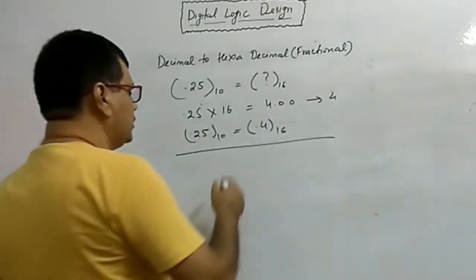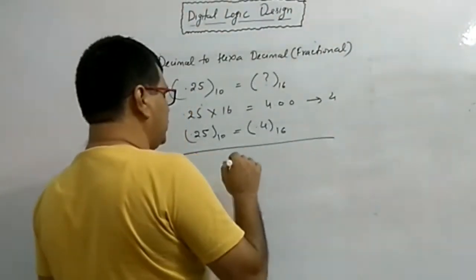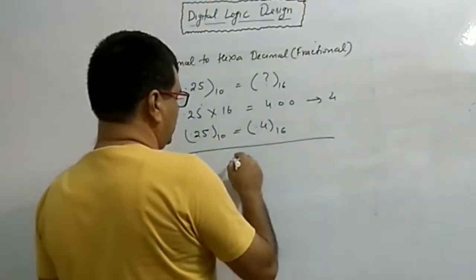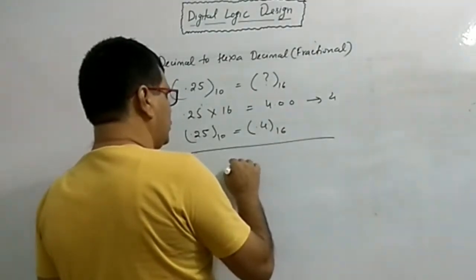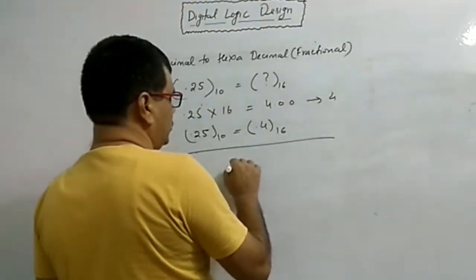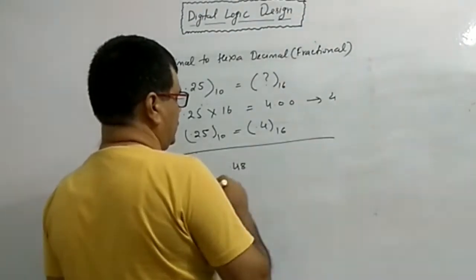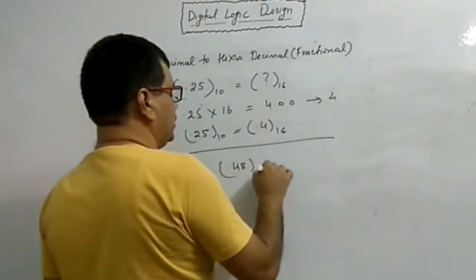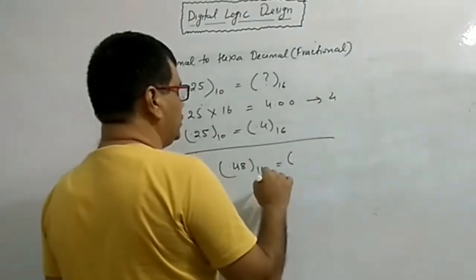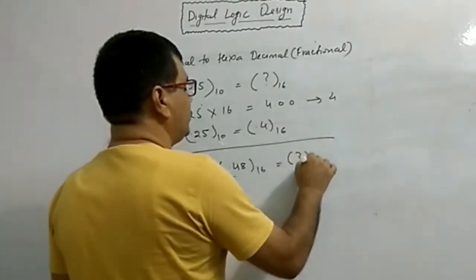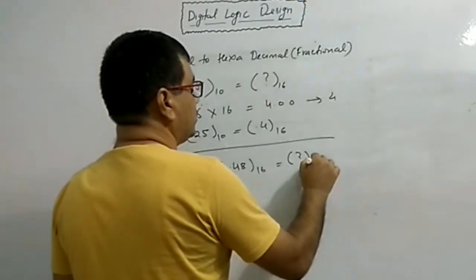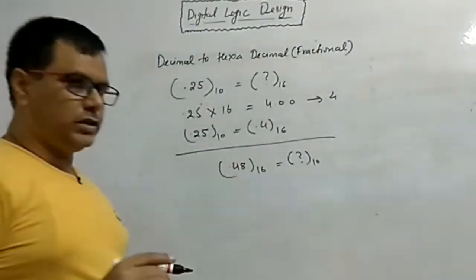For example, if any hexadecimal number, let it be 0.48 in hexa, you just want to find the equivalent decimal. The process is the same.